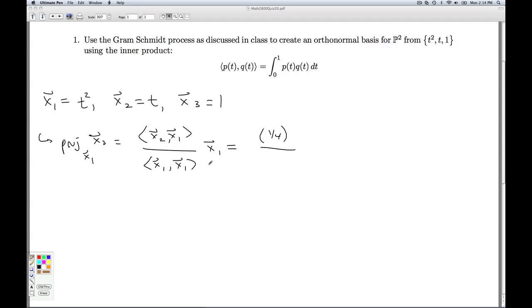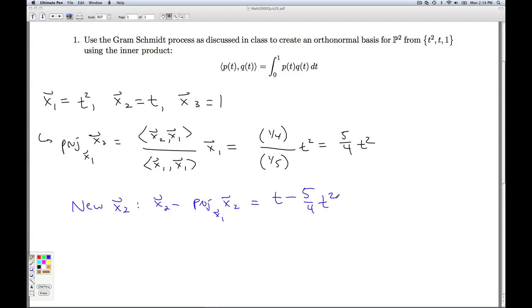The inner product of x1 with x1 is 1/5, times x1, which was t squared. And so I get 5/4 t squared. That means the new x2 is going to be x2 minus its projection, which is t minus 5/4 t squared.